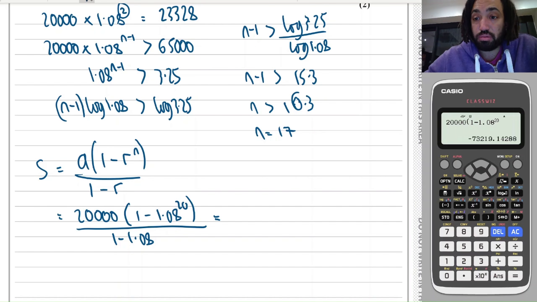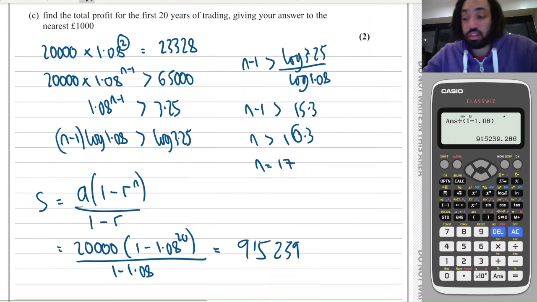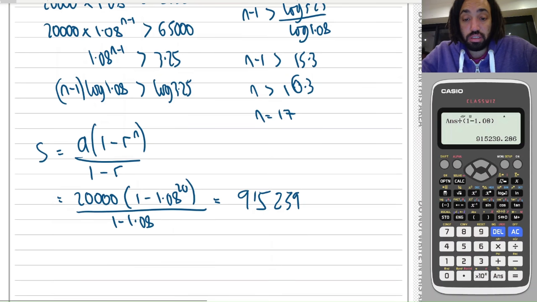Just press equals there, and then divide that by 1 minus 1.08. And we're going to get, okay, great, 915,239. I think that should be fine. Excellent.